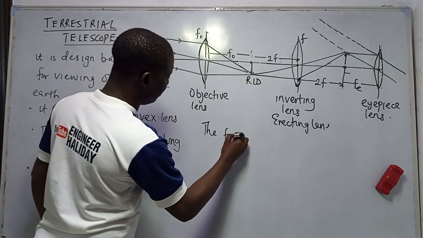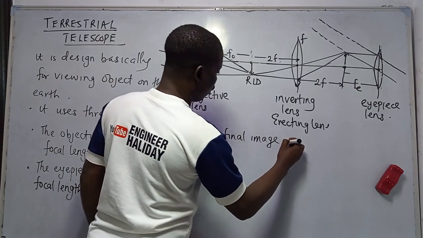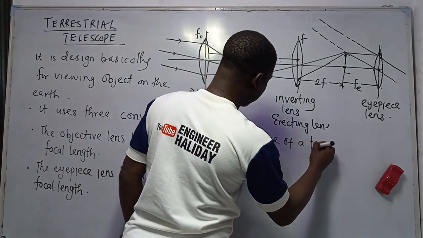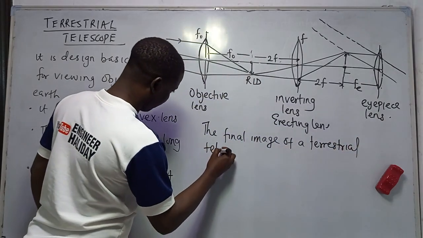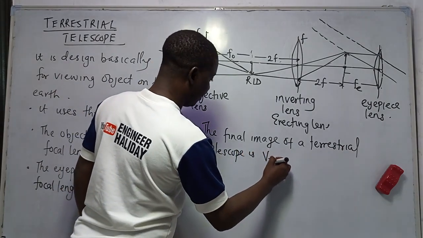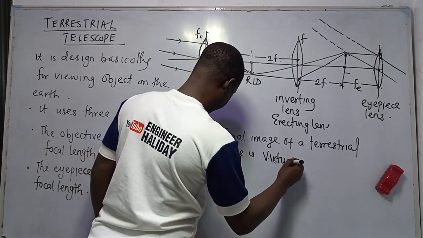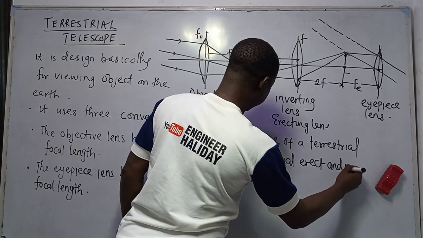The final image of a terrestrial telescope is virtual, erect, and magnified.